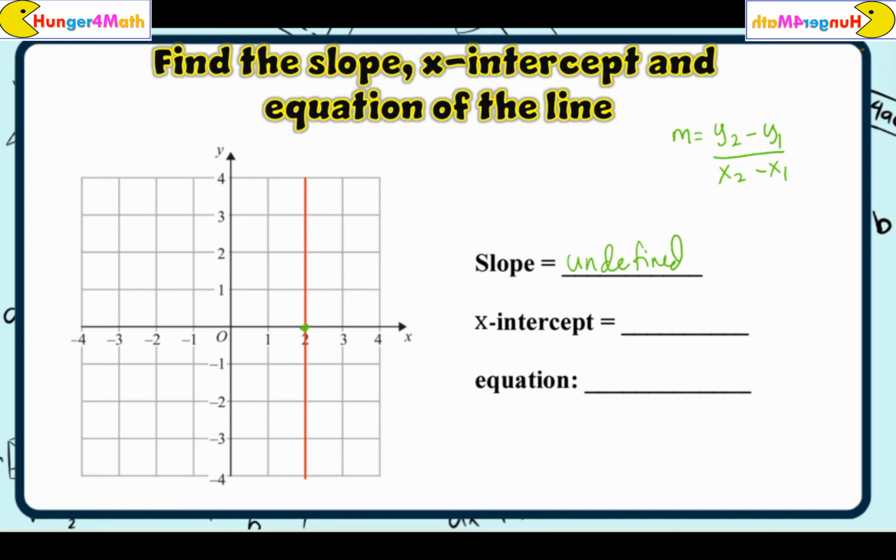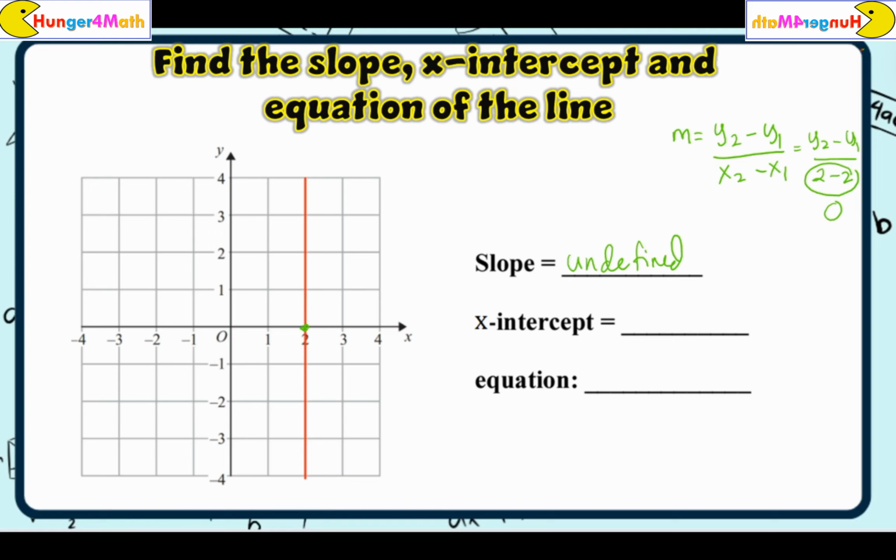So this will turn into y sub 2 minus y sub 1 over 2 minus 2, and 2 minus 2 is equal to 0. And any value that you divide by 0 will be undefined.